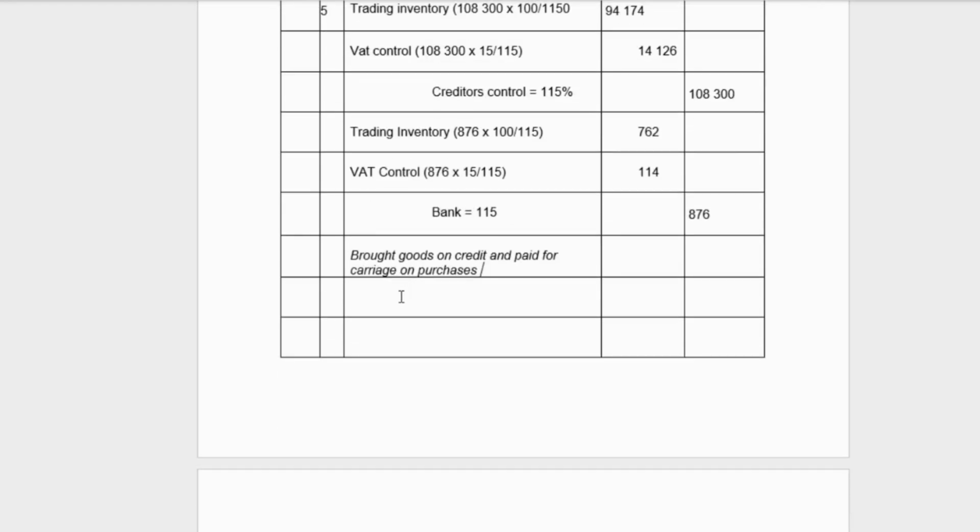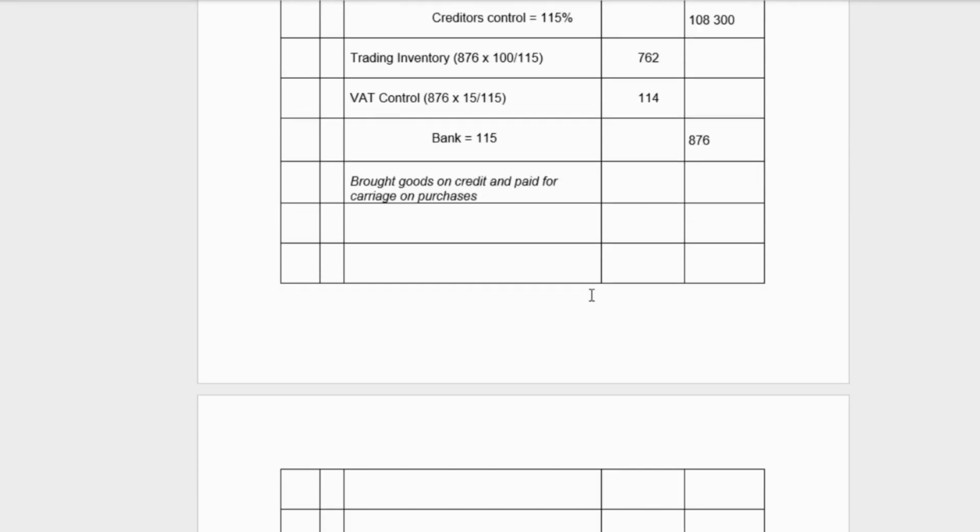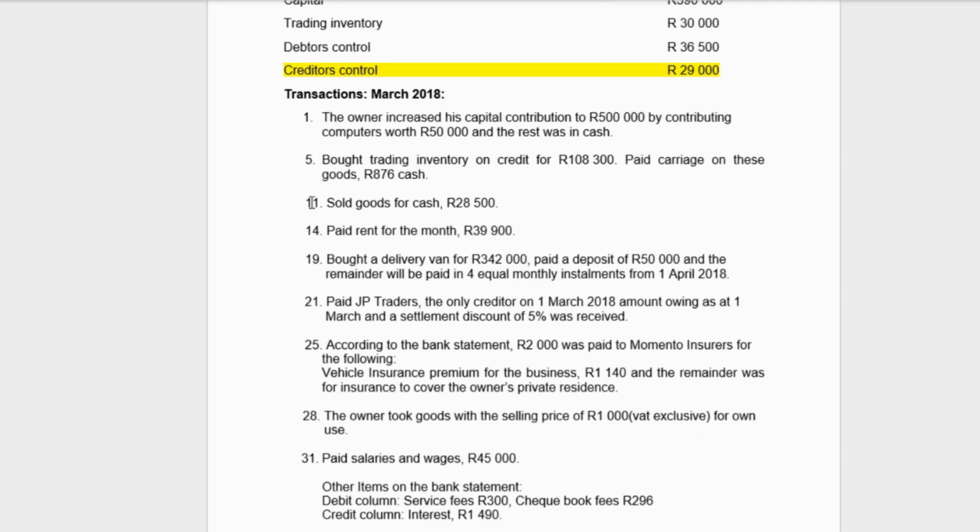We can go to the next transaction, which is going to be transaction number 3. Let's see. Transaction number 3 happened on the 11th, right? So it means we go there on our date. We are going to say on the 11th, right there.